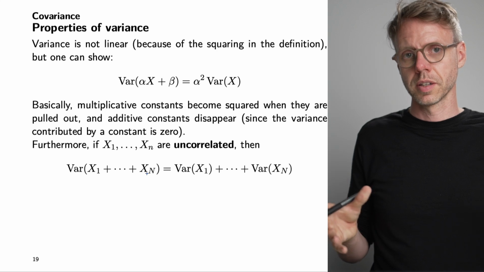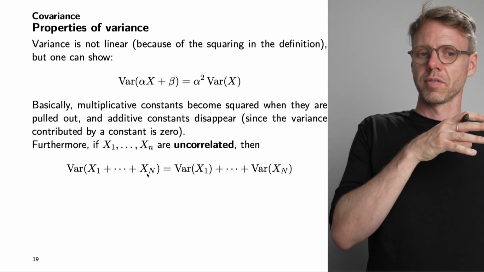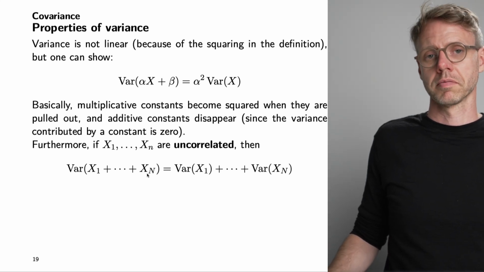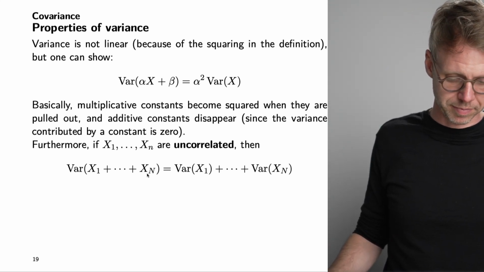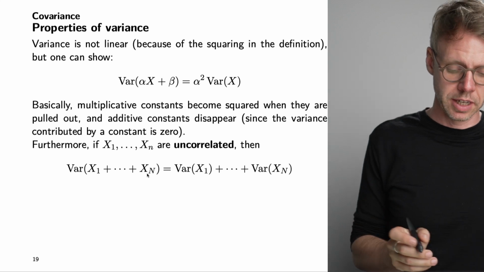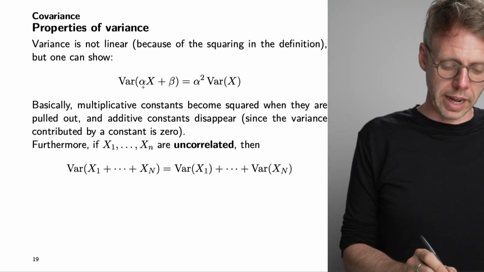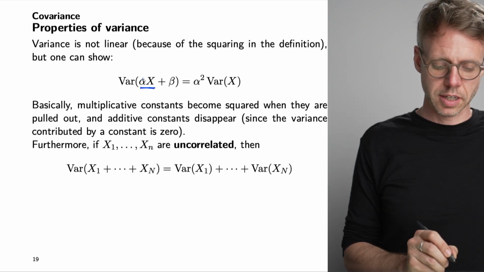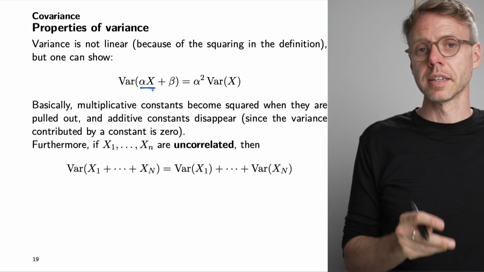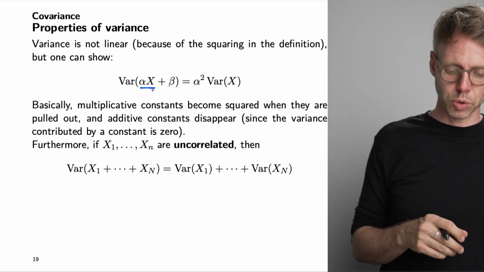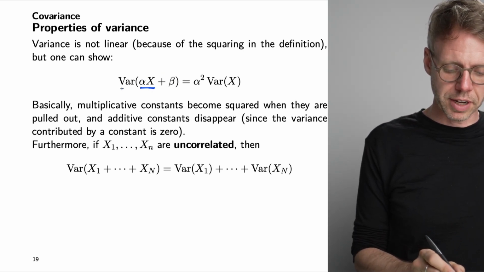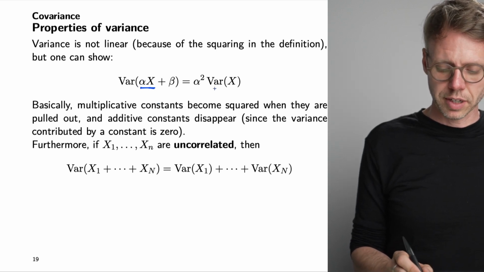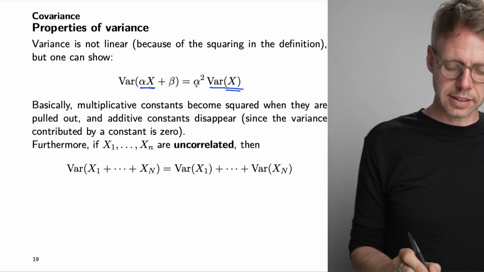In contrast to the expected value, variance is not linear because in the definition it's squared. But we can show that if we weigh the random variable x with a constant alpha and maybe add another constant beta to it, the resulting random variable will have the variance of the original variable x times alpha squared.